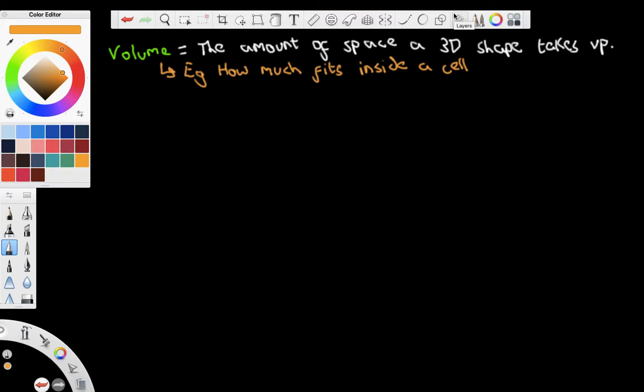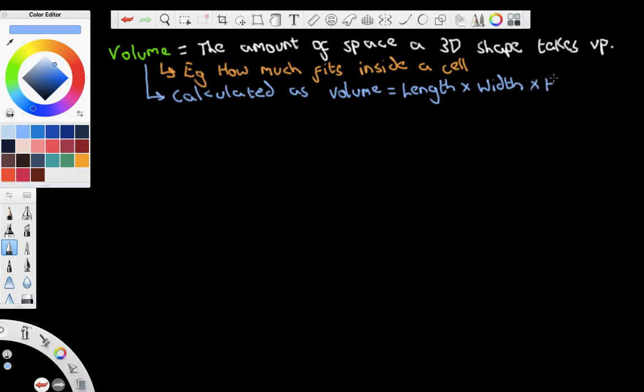Now, volume always has cubed units and is calculated by volume equals length times width times height. So we can put underneath here, is calculated as volume equals length times width times height.